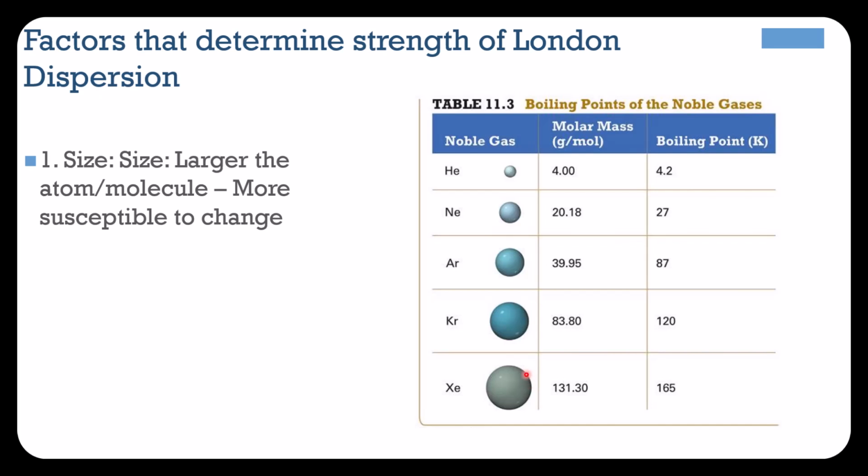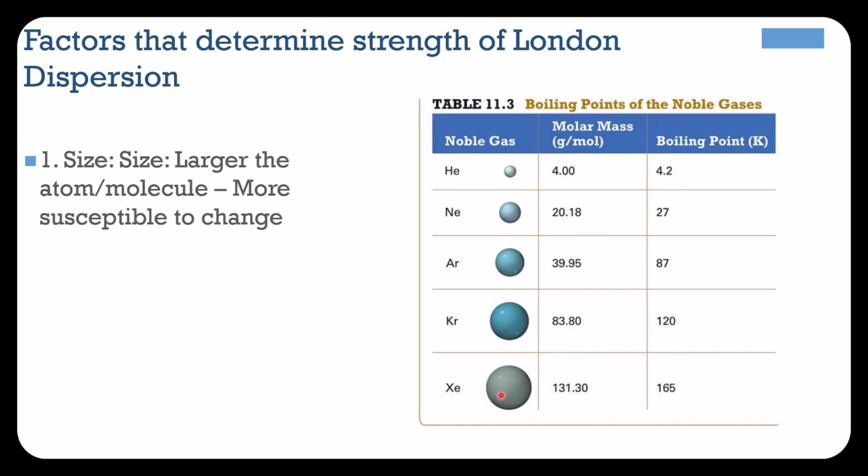And those valence electrons are a lot further away from the nucleus, which means they are a lot more susceptible to outside influence. If we think of the nucleus as their home base, they are very, very far away from home, and they're more susceptible to change being that far away. Okay. So helium is small, not very susceptible to outside influence.